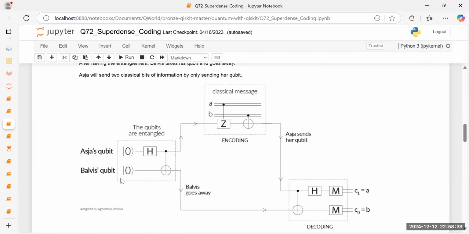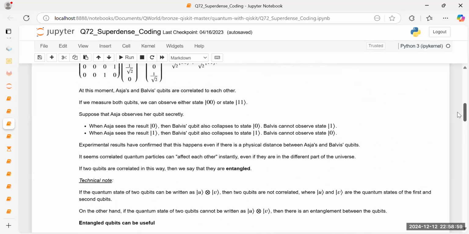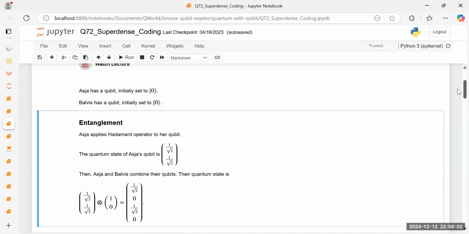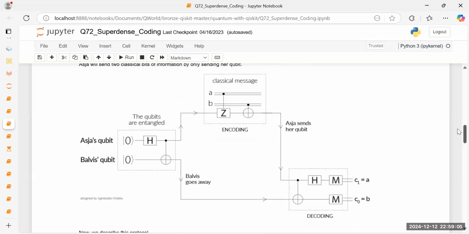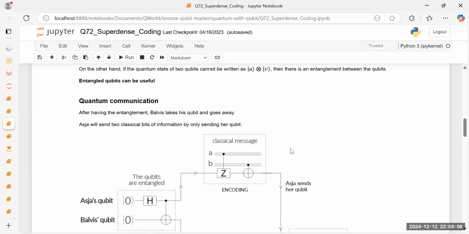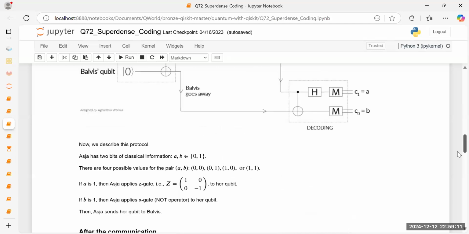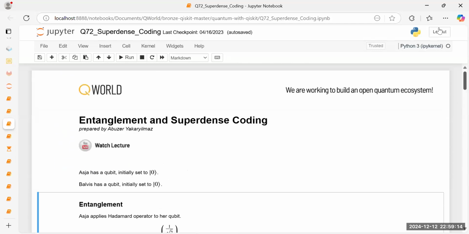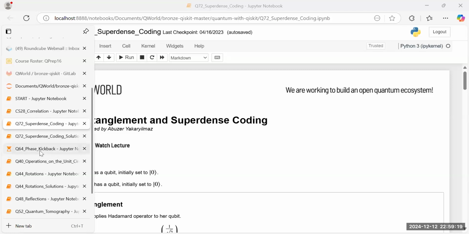So if we're going to go through all this work to create an entangled pair and send a qubit just to send 2 bits, that's not overly or practically useful. Well, at least it shows a circuit whereby we can utilize entanglement for something. Okay, so I'm going to move on to the next notebook on quantum teleportation.